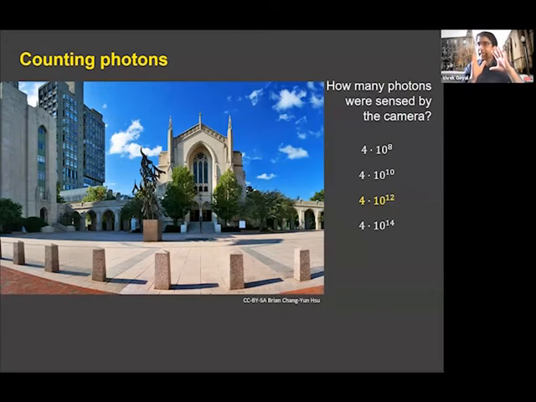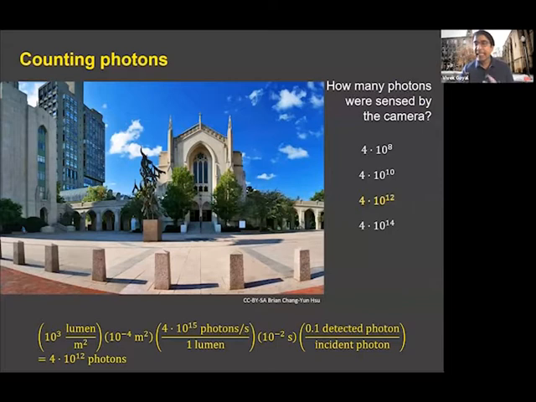So it's a lot of photons, and I don't really know the answer, but I have at least a plausibility argument for the choice of 4 times 10 to the 12. I can get about 4 times 10 to the 12 as a product of illuminance on an overcast day, the aperture area, the photons per second to produce a lumen, the exposure time, and the detection efficiency.